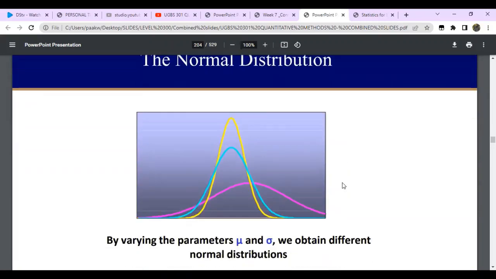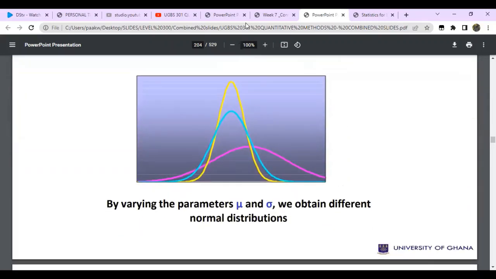So let's look at this example. You see that the green one and the yellow one here, they are not the same, but they are having the same mu. But one is taller than the other. The yellow one is taller than the green one.